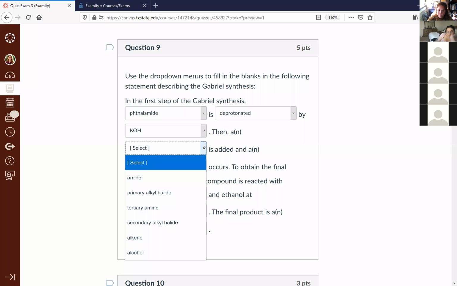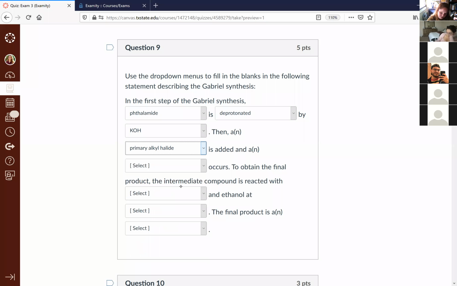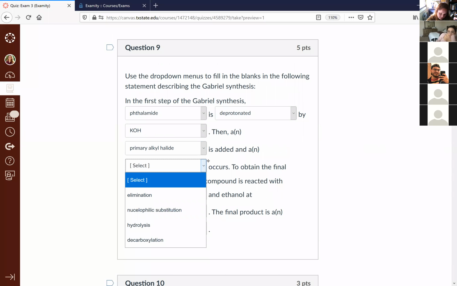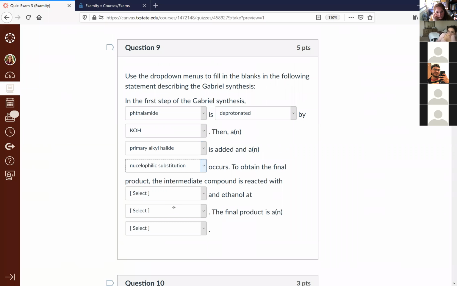Is it a tertiary amine? Well, it's not an amine at all, but definitely not a tertiary one. Is it alcohol? No. Isn't it a primary alkyl halide? Right, yeah, we're going to do an SN2 reaction with a primary alkyl halide, so nucleophilic substitution.